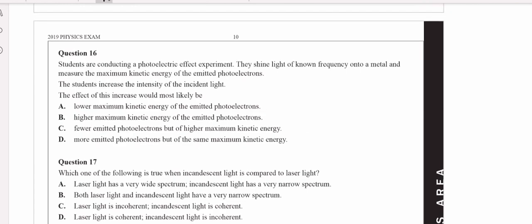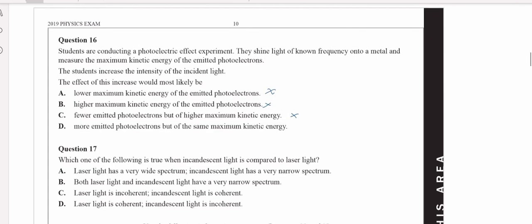And we know that intensity doesn't affect the kinetic energy, so it can't be C. And we know that increased intensity increases the current that we find, so more photoelectrons are being emitted, and they'll be of the same kinetic energy.